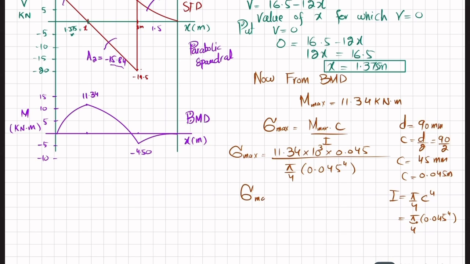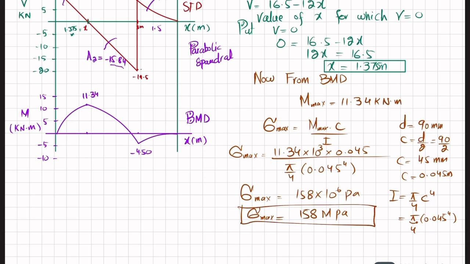When you calculate it, you will get 158 into 10 raised to power 6 Pascal, Newton per square meter, that is Pascal. So 158 megapascal. This is maximum bending stress, which is the answer of the first part of this question.